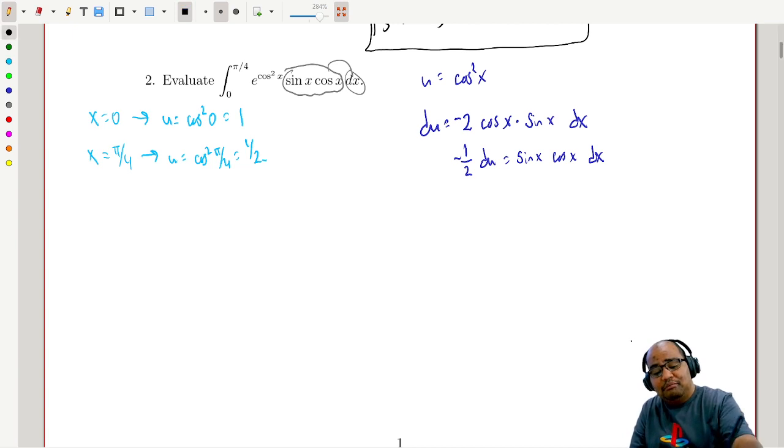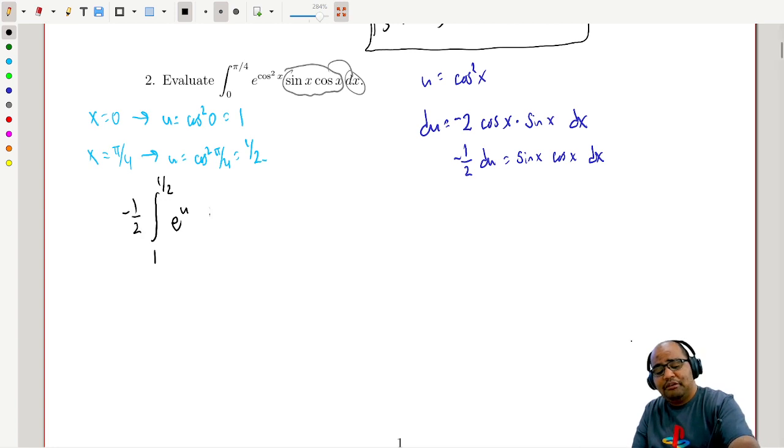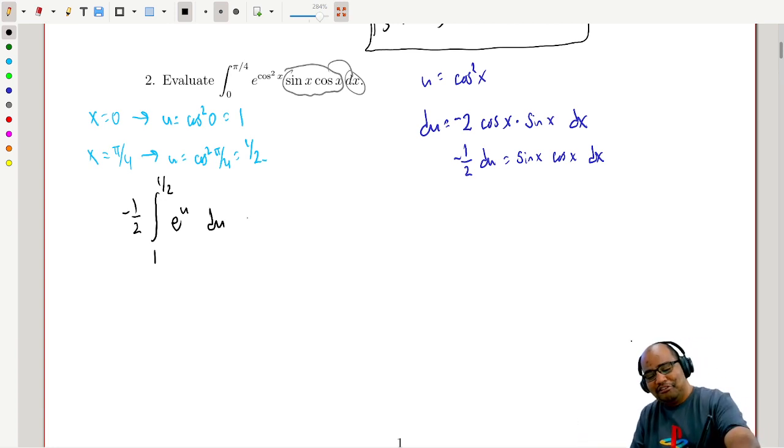All right, so now let's go ahead and put everything in there. So our integral becomes, okay, we're going to integrate now from 1 to 1/2, e to the cosine square x, that's e to the u, and then sine x cosine x dx, that's minus 1/2 du. So I'll go ahead and put the minus 1/2 out there. And this is an easy antiderivative. What function is its own antiderivative? E to the x, the exponential, okay?